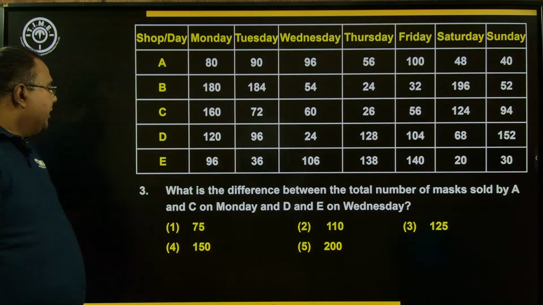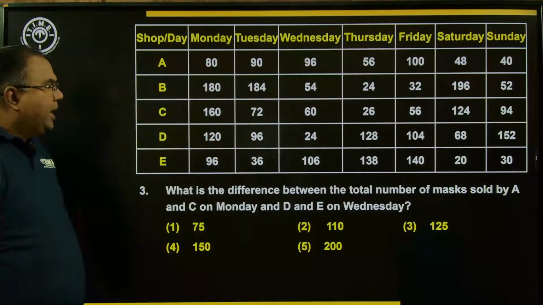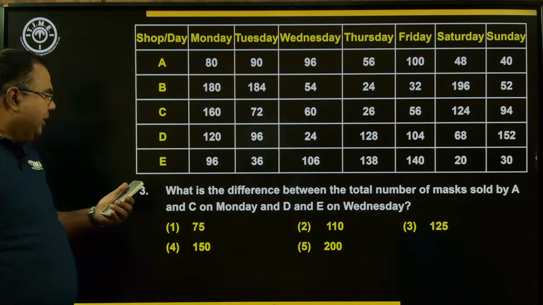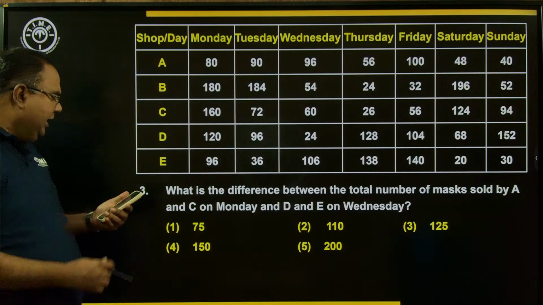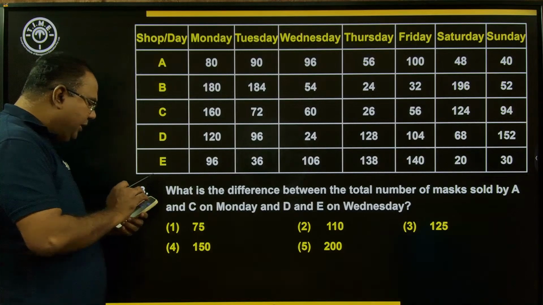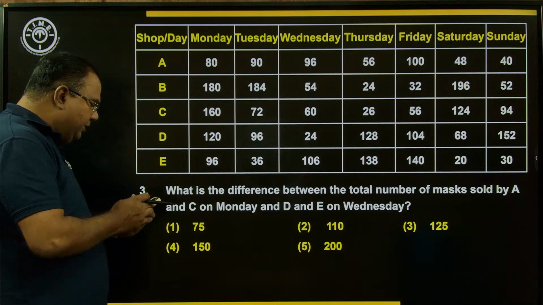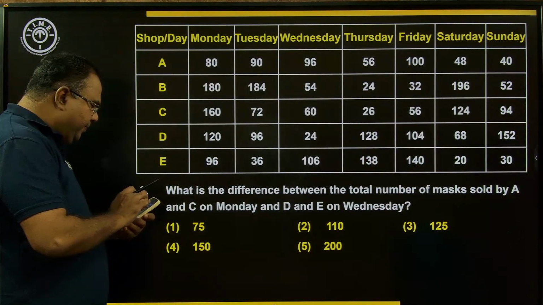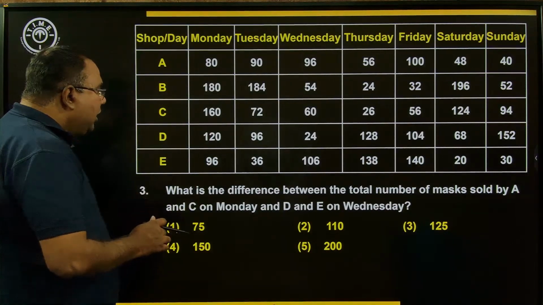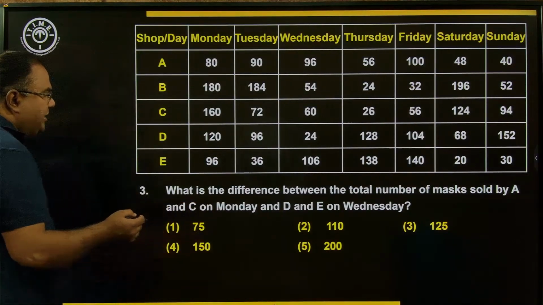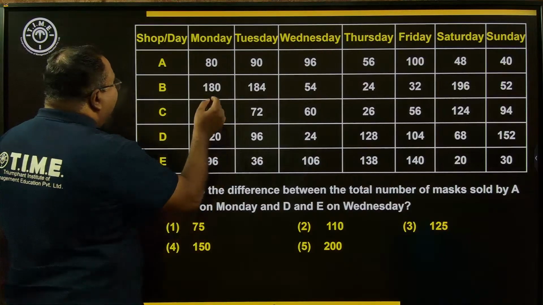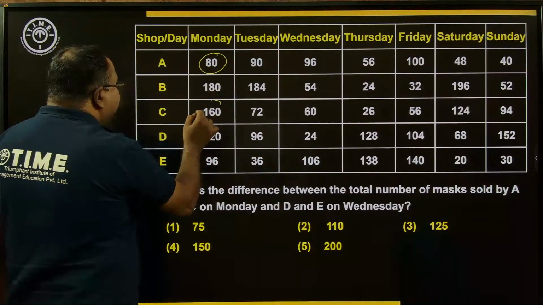Look at the third question. What is the difference between the total number of masks sold by A and C on Monday and D and E on Wednesday? Now, total number of masks sold by A and C on Monday. On Monday, A is 80, C is 160.